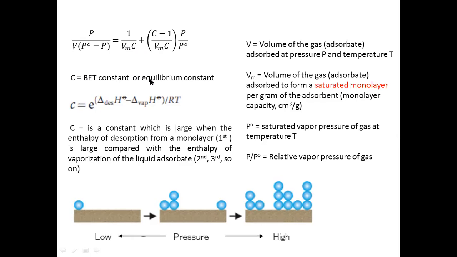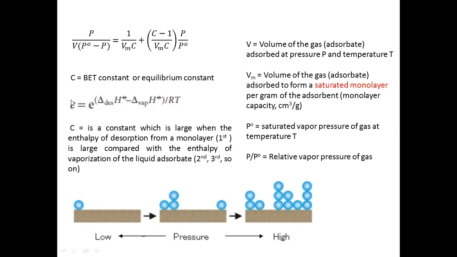There we used the Langmuir adsorption constant, but all these are equilibrium constants. So you can say this is a BET constant, or you can say this is similar to the equilibrium constant, and we will calculate the value of this later on.